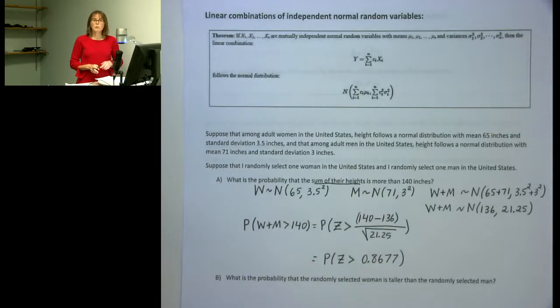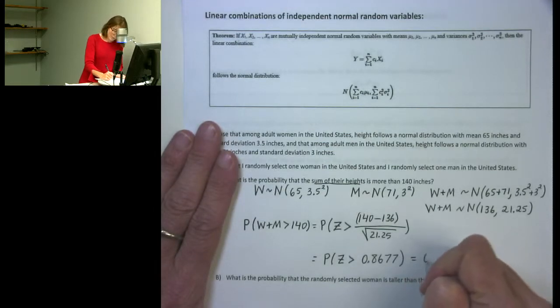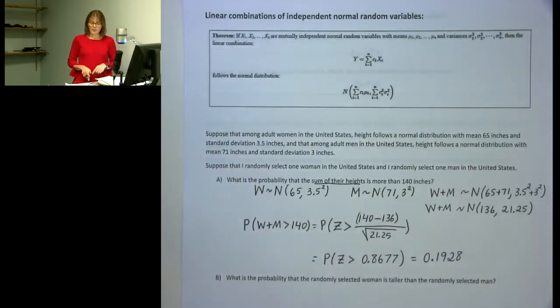And then using either my normal CDF or a table, I can find that this is equal to 0.1928. So that would be how I can think about finding probabilities that the sum takes on a particular value.